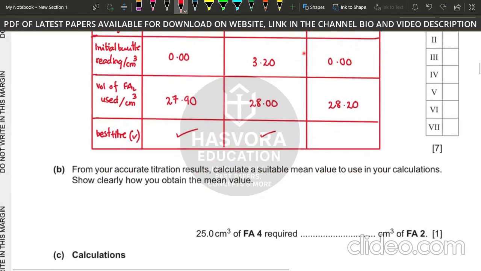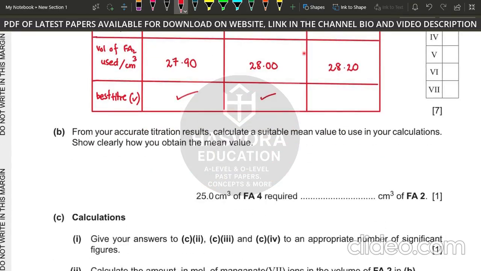Then part B says, from your accurate titration results, calculate a suitable mean value. Mean value means your average value to use in your calculation. Show clearly how you obtain the mean value.